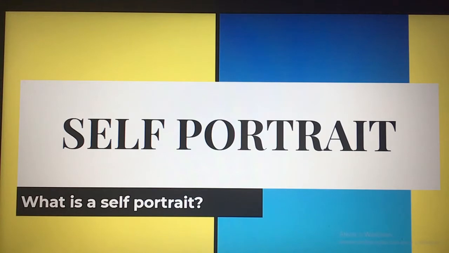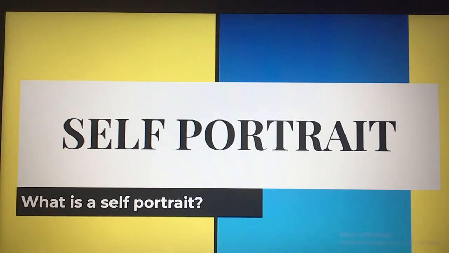It's a picture we take of ourselves. When we take a picture of ourselves, a gente chama de selfie. Justamente por isso, porque a palavra self, the word self in English, ela dá essa ideia de auto. Então, uma selfie é uma autofoto sua, uma foto que você tira de si mesmo.